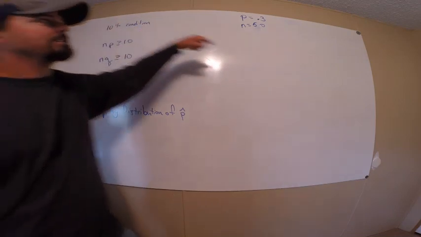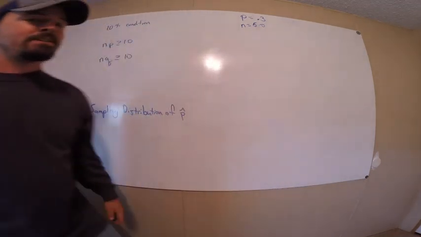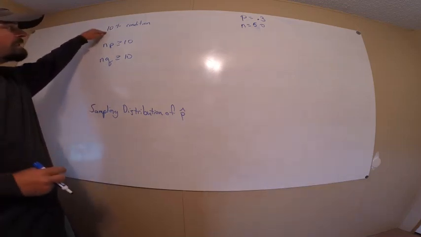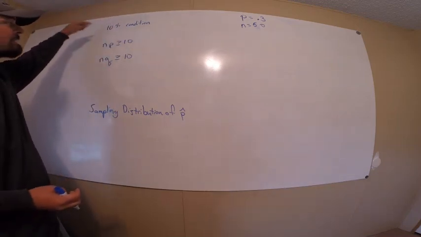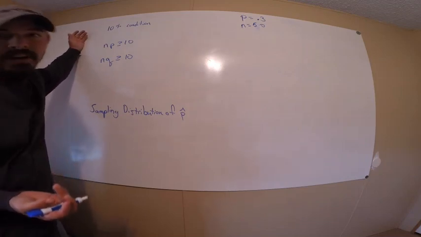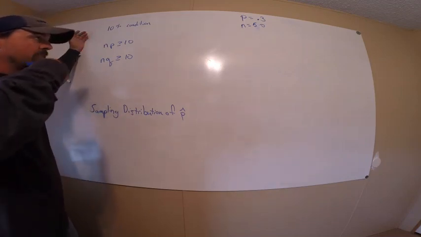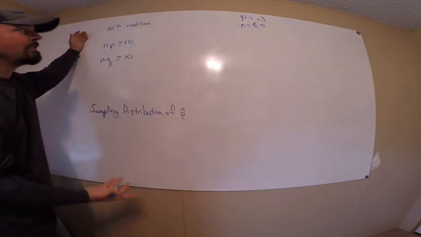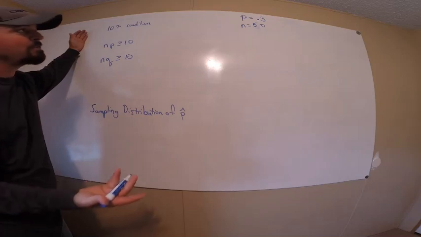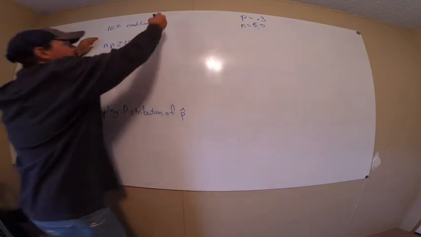You have to think that the overall population is probably much, much greater than 50. For it to be 10% or less, our overall population would have to be greater than 500, because 10% of 500 is 50. You've got to think there are more than 500 people that have had a cancer like that who didn't smoke. So does our 10% condition hold? Yes, it does.